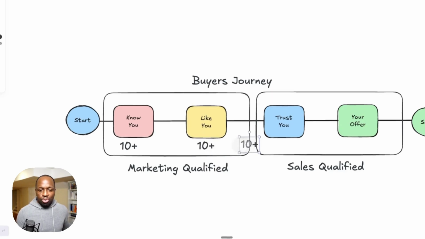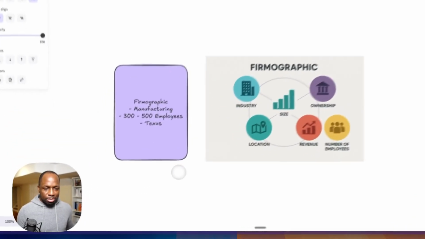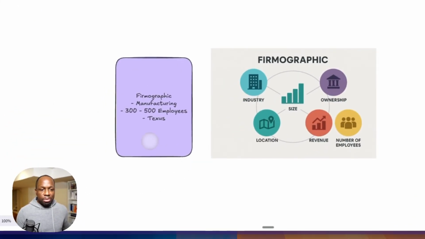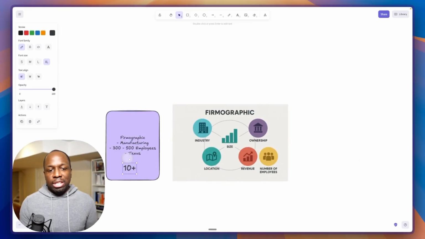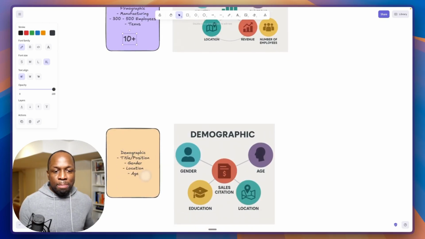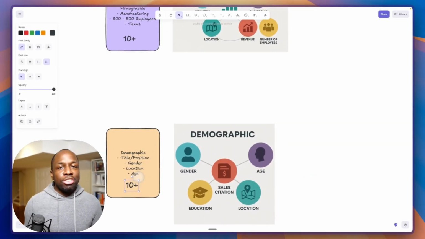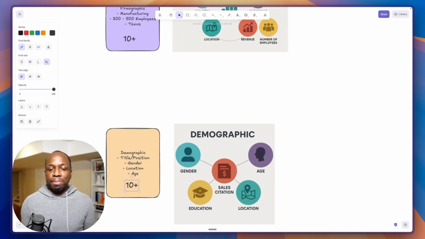If they trust you, we'll give them another 10 points. Let's say that they fit this criteria that we were talking about here, which is they're a company that's in Texas that have 300 to 500 employees, we'll give them another 10 points. And let's say that they're a male, right, that is the owner of a company and they also live in Texas or whatever, and they're between the ages of 45 and 55.